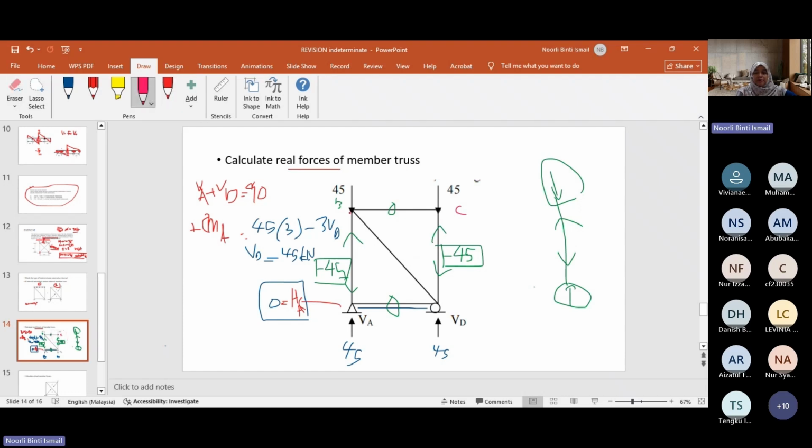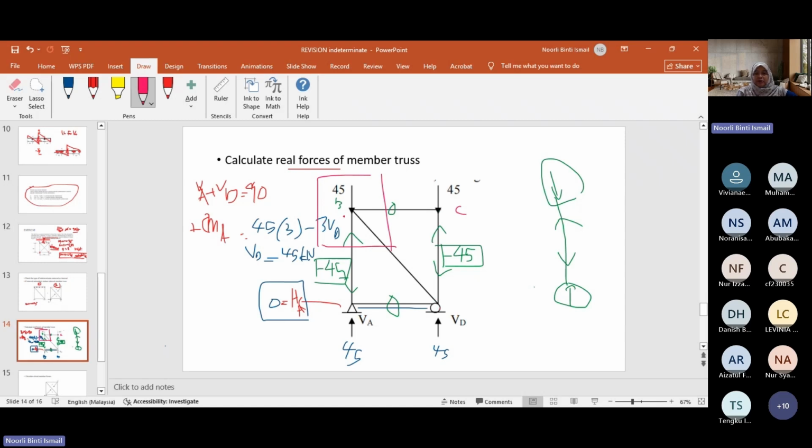Okay, how about BD? How to see it? Okay, now you refer to joint B. Because BD, they have joint B and also joint D. So you can refer joint B or you can refer joint D lah.